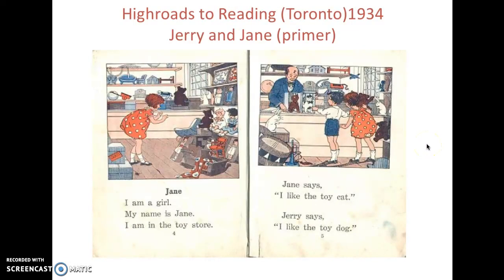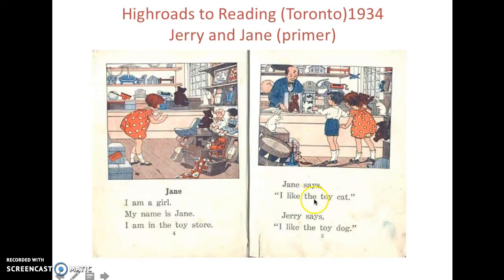Here's one from 1934, and you can see some of the things that we talk about with primers and reading books from the 20th century is all of the characters are white. We have in this story both a girl and a boy, and the girl is obviously feminized by her dress, which in 1934 a girl would have always been wearing to school.